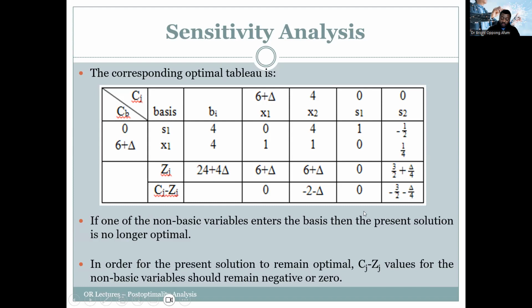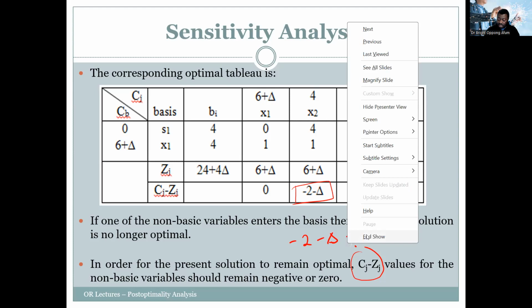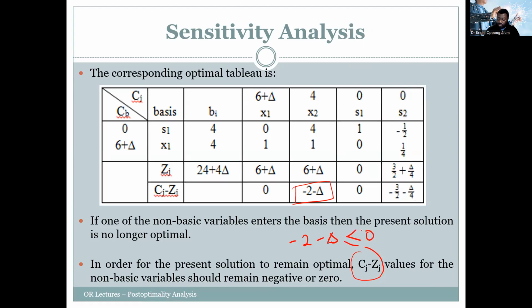Okay, so if one of the non-basic variables enters the basis, then the present solution is no longer optimal. So in order for the present solution to remain optimal, the Cj value for the non-basic variable must remain negative or 0. So it means that -2 times the change must be less than or equal to 0.